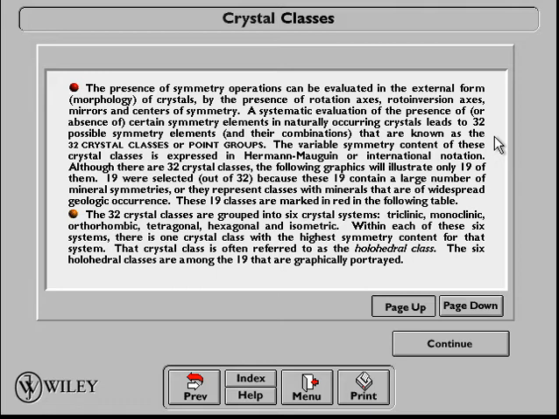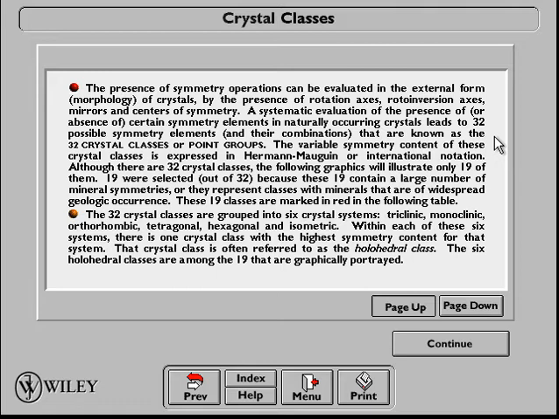These 19 were selected out of 32 because they contain a large number of mineral symmetries, or they represent classes with minerals that are of widespread geological occurrence. These 19 classes are marked in red in the following table.